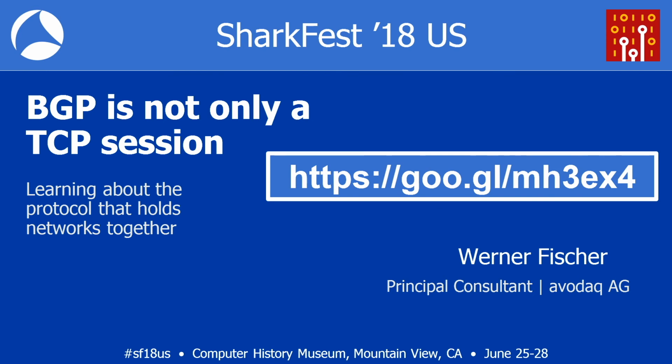When I was here at SharkFest several years ago, everyone was talking about TCP. And I gave some talks last year, and this year in Asia, about layer 2 stuff. I was surprised how layer 2 is involved in a routing protocol like BGP in today's data center networks.